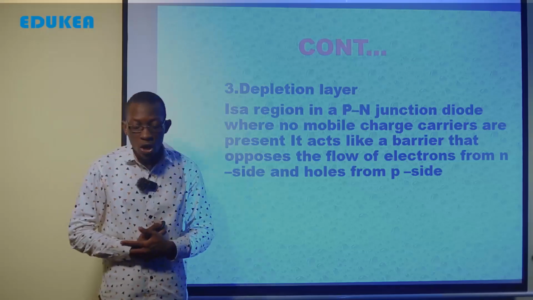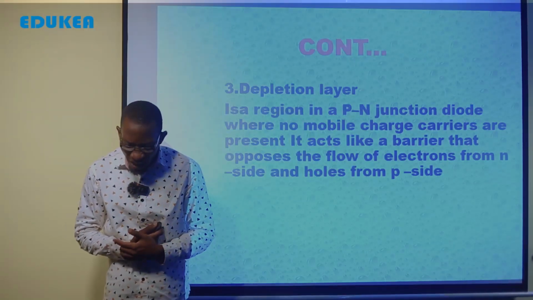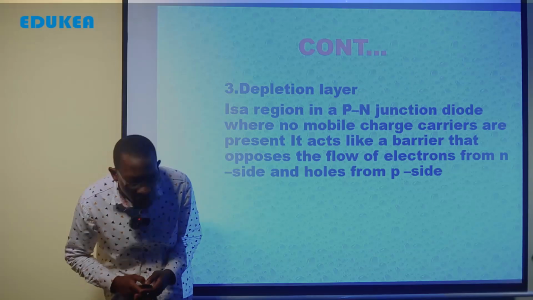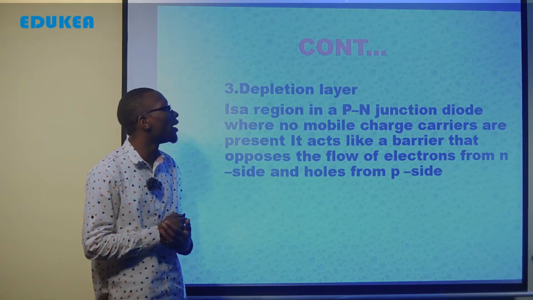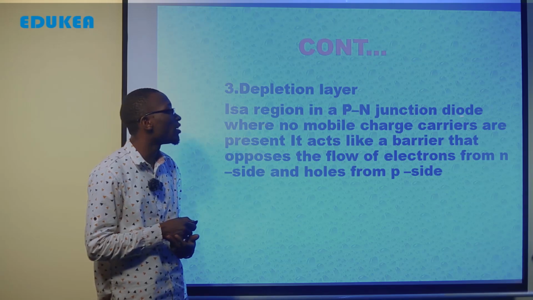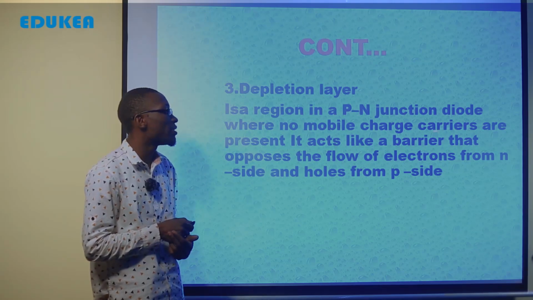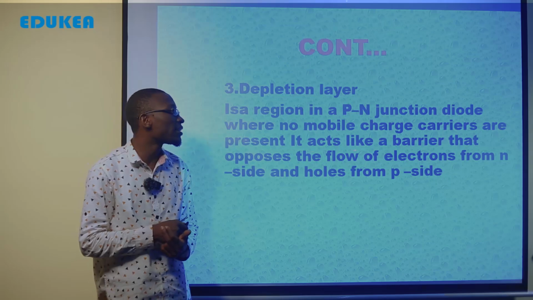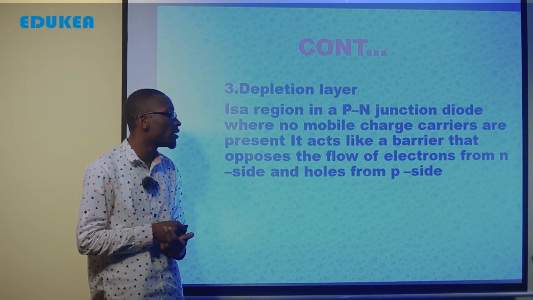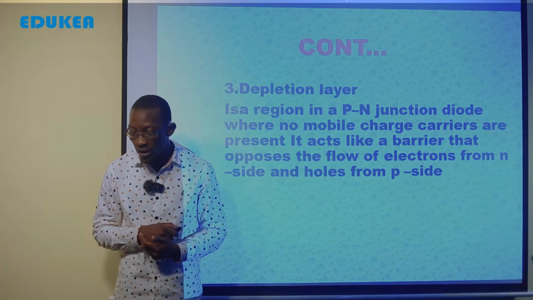So another thing we can talk about here is the depletion layer. The depletion layer is the region in a PN junction diode where no mobile charge carriers are present. It acts like a barrier that opposes the flow of electrons from the N side and holes from the P side. So hii ni depletion layer.